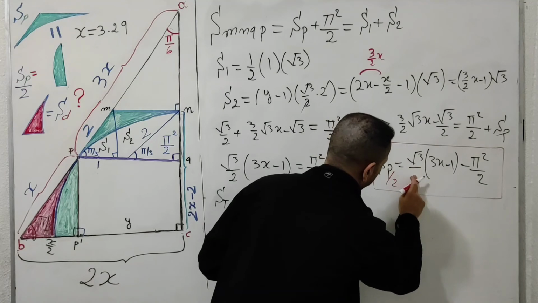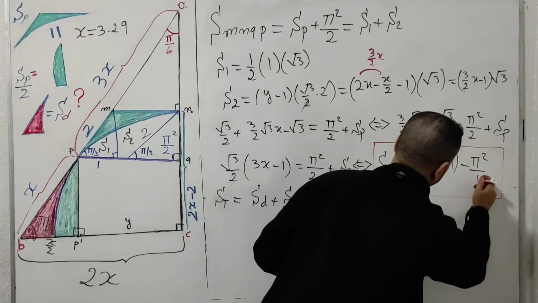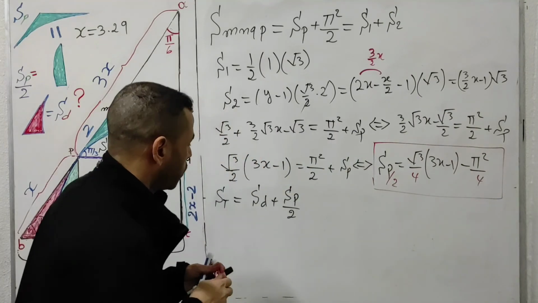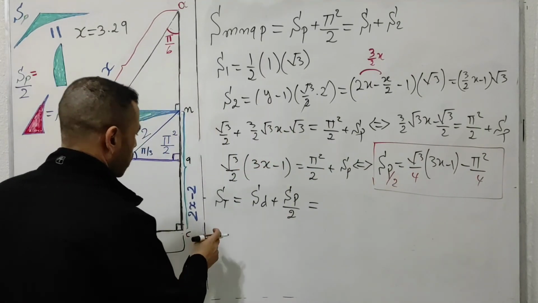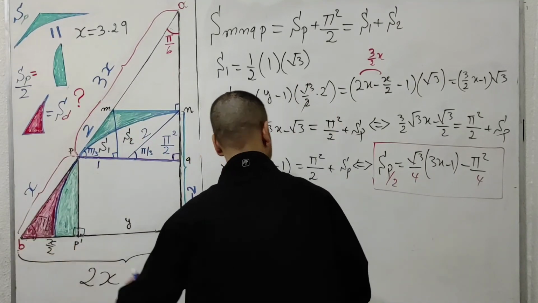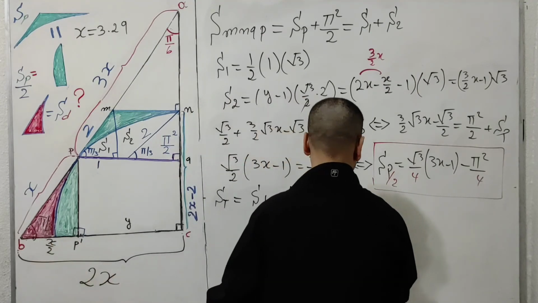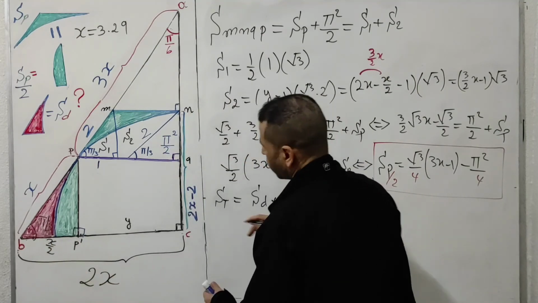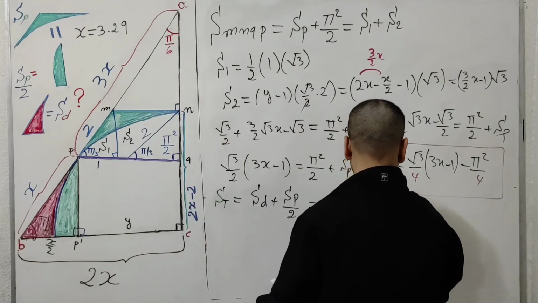I will get here 4. Okay, now I'm going to take this one and put it into this one. At the same time, st is the area of this triangle, which is half multiplied by the base, x over 2, multiplied by the height, square root of 3 over 2x.